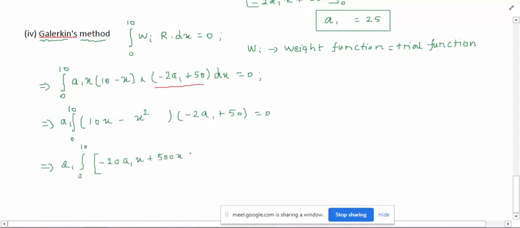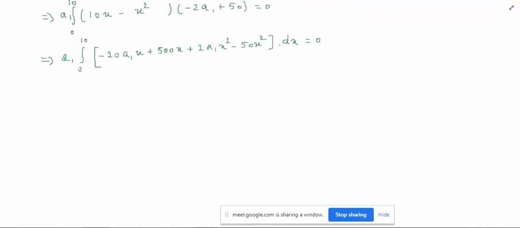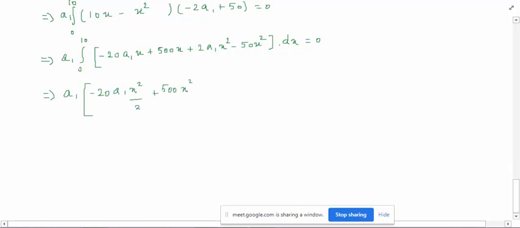You will get minus 20a1x plus 500x plus 2a1x square minus 50x square into dx equal to 0. So integrate this whole term: minus 20a1 x square by 2 plus 500 x square by 2, 2a1 x cube by 3 minus 50 x cube by 3, from 0 to 10, equal to 0.